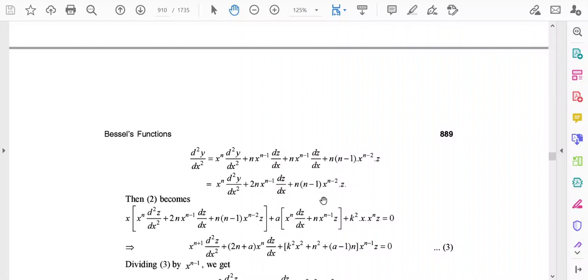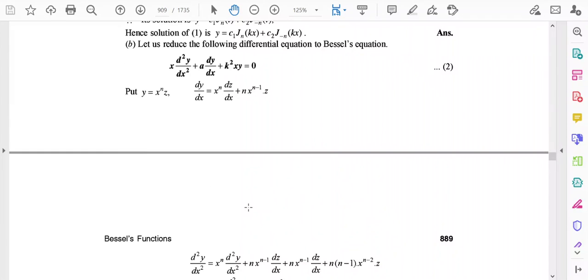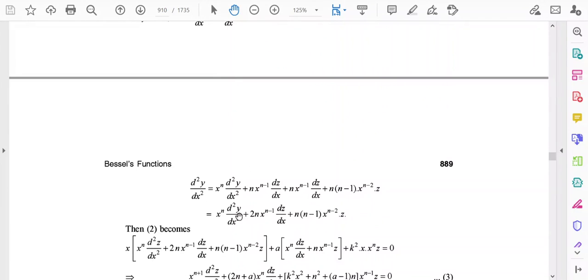So, this is the equation for d square y by dx square. There is a printing mistake, so y will be z here.